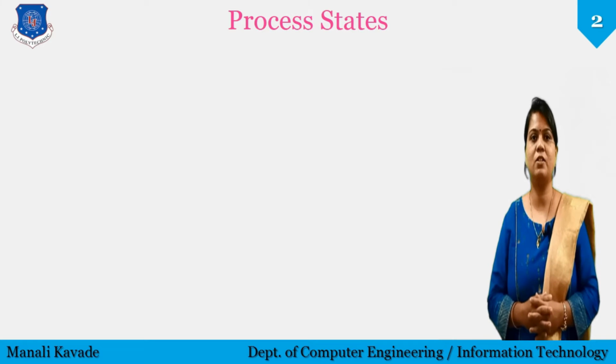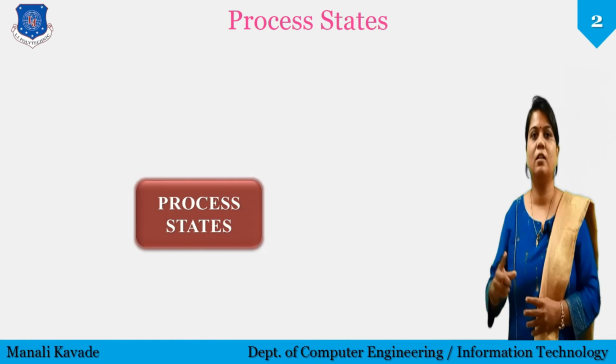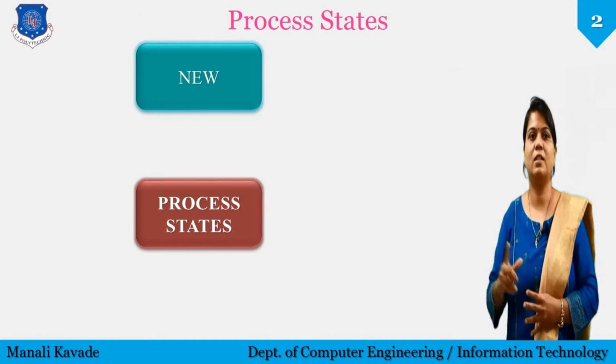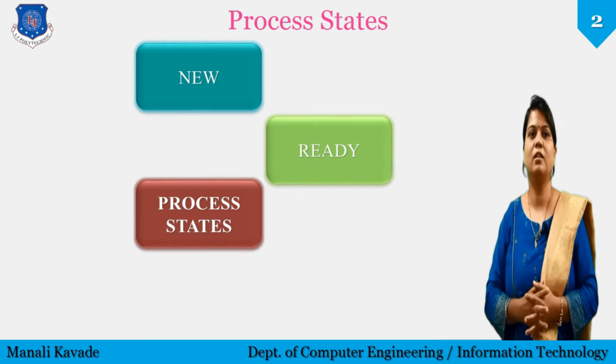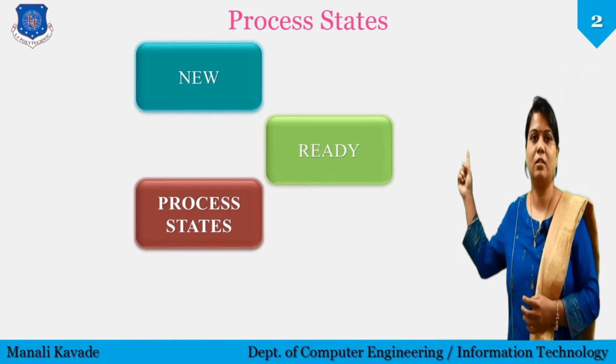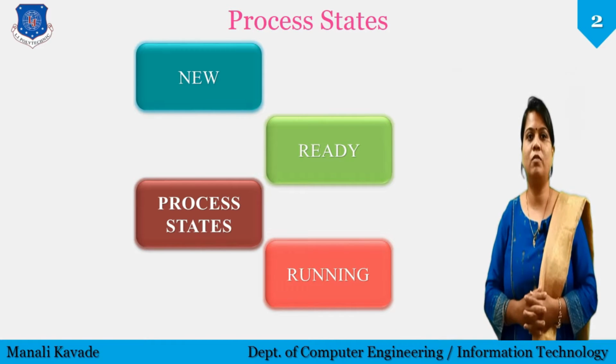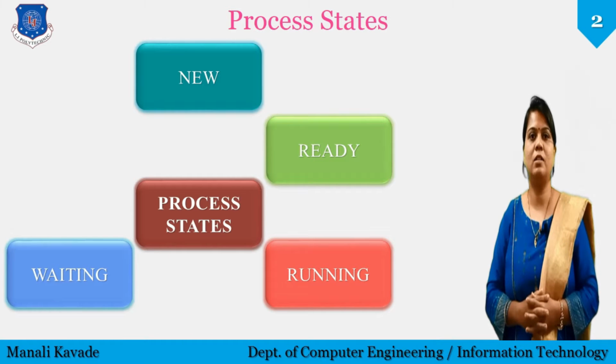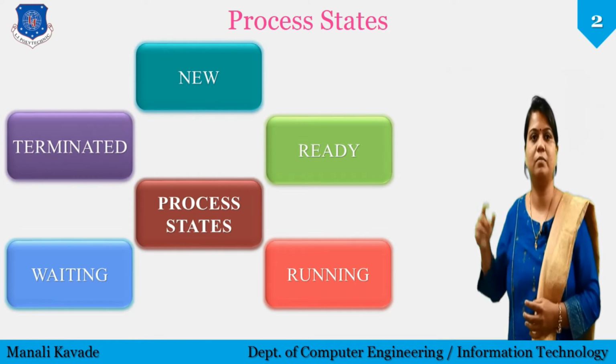There are 5 states of a process. The first state is new state, the second one is the ready state, the third one is the running state, the fourth one is the waiting state, and the last one is terminated state.